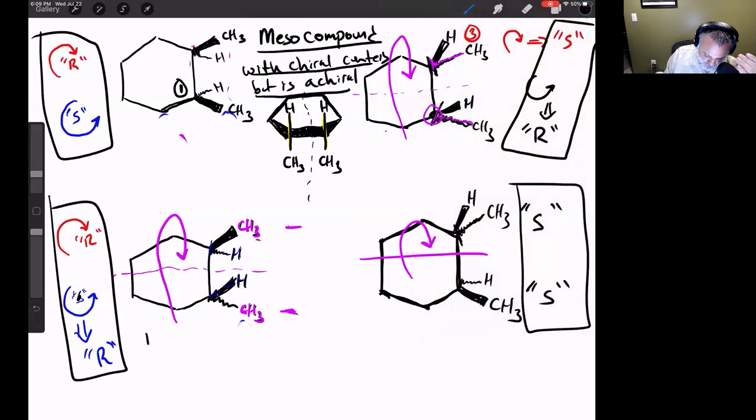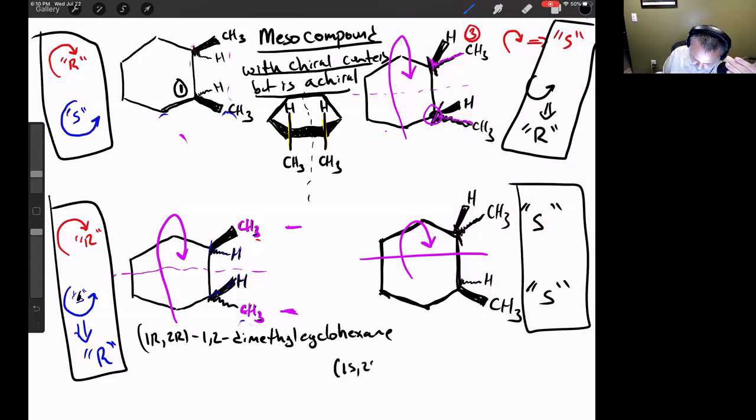There's 1R,2R-1,2-dimethylcyclohexane. There's also 1S,2S-1,2-dimethylcyclohexane.